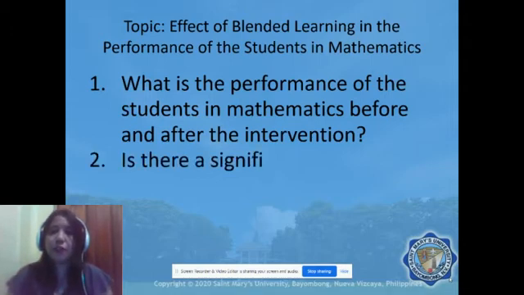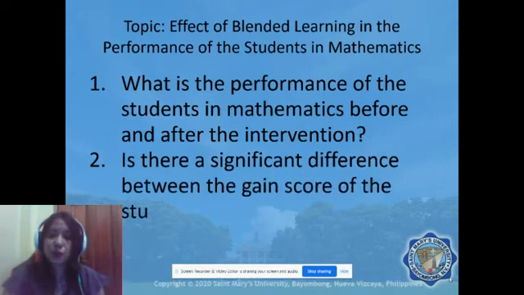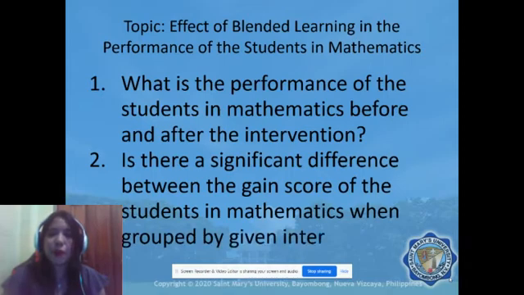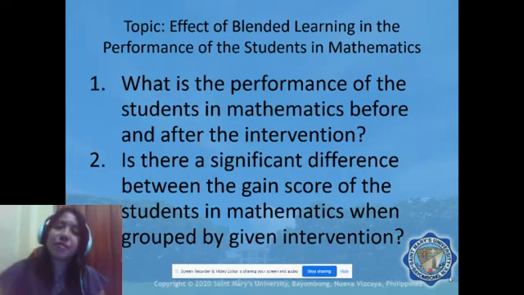And then for number two, is there a significant difference between the gain score of the students in mathematics when grouped by given intervention? Instead of placing the word performance, I make use of the word gain score simply because we are controlling the effect of the pre-test.